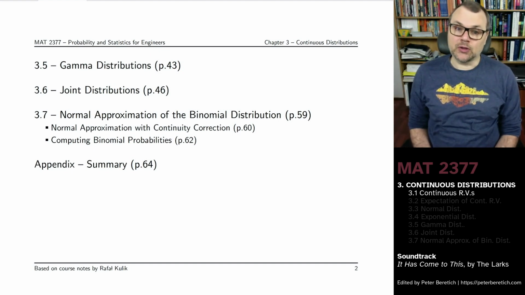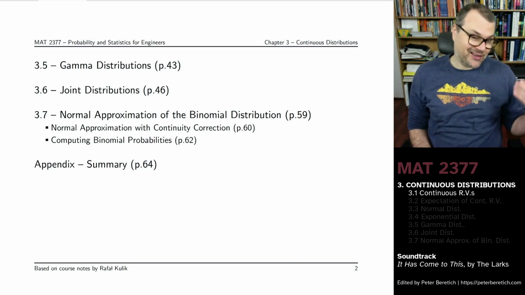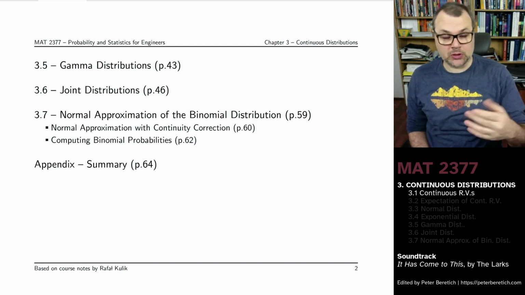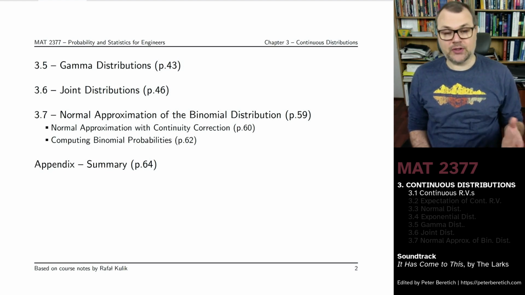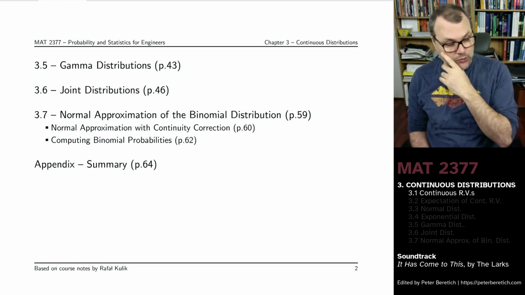Combine more than one random experiment together. And then we'll end by talking a little bit about how you can use some continuous random variable, particularly the normal distribution, to approximate computations for discrete random variables, such as the binomial distribution.